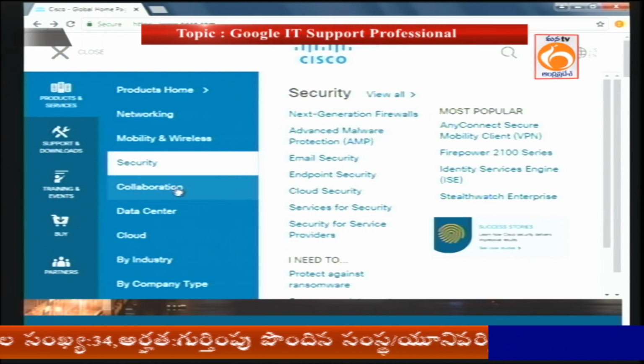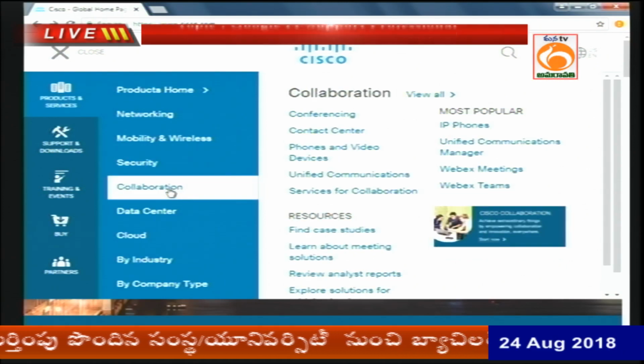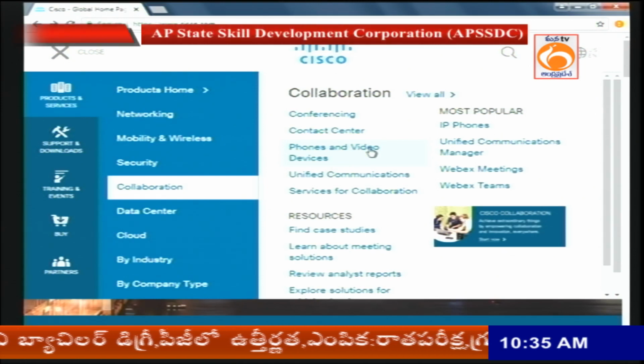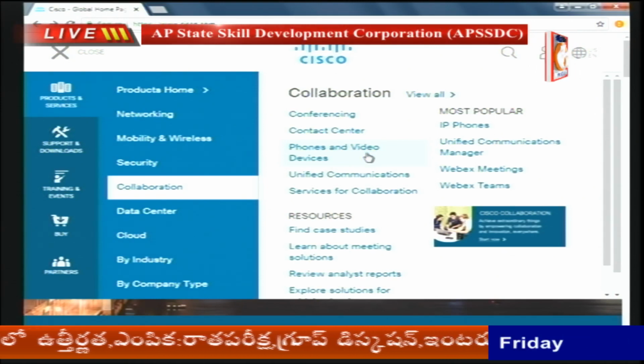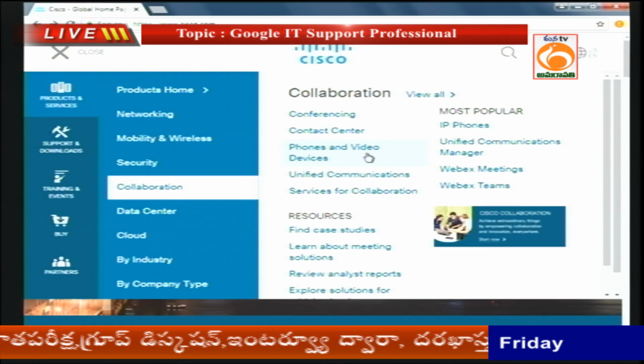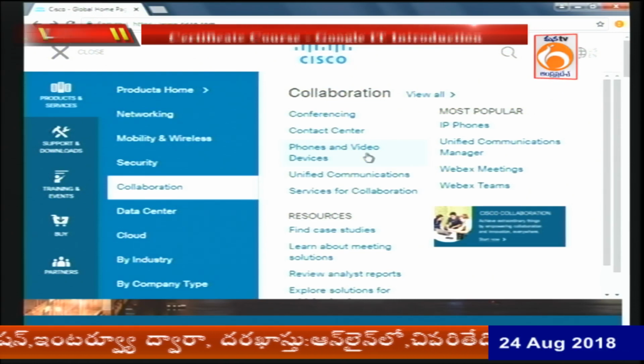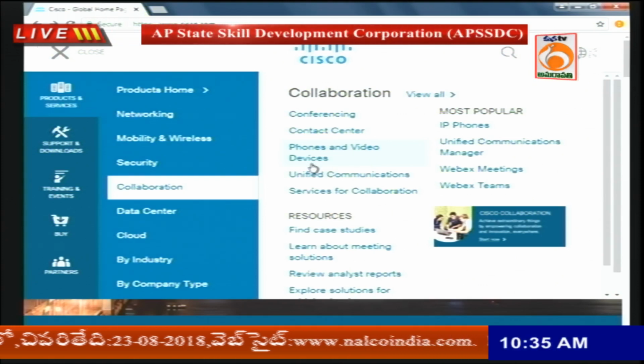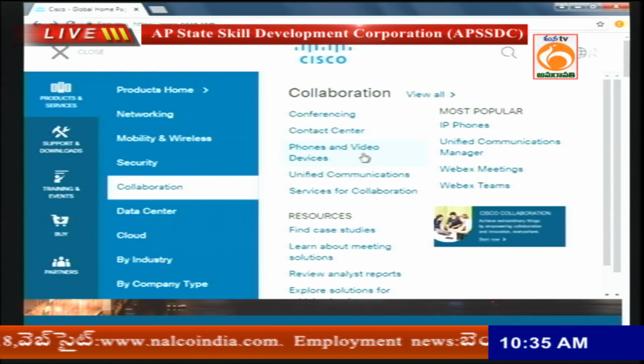And the next division is about collaboration. Organizations want to spend money to provide better services to their customers. Also they want to save on transport or traveling. So we have very good technology relating to video.